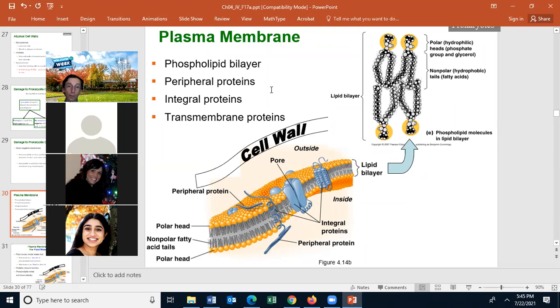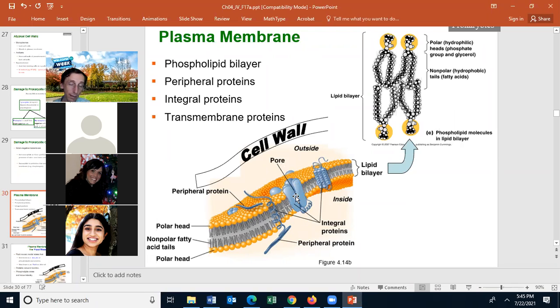There are peripheral proteins, and they are proteins which are on one side or the other of the membrane. That's why they're called peripheral. There are also integral proteins and transmembrane proteins, and both of these span the membrane. This protein looks like it is a transport protein, allowing a molecule to either enter the cell or leave the cell.